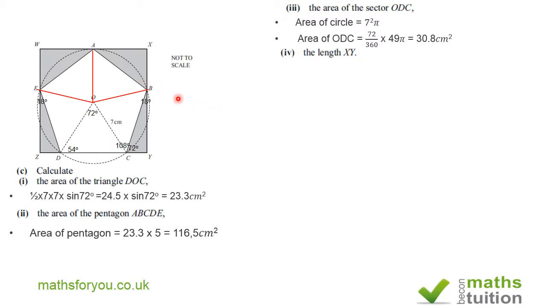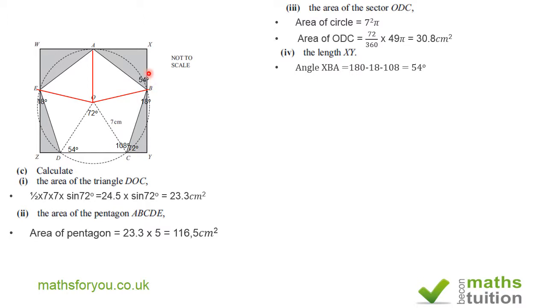To find this angle, we know that this is 108 degrees, and that's 18. So we do 180 minus 108 minus 18, and that will give us a value of 54 degrees. So this angle is 54 degrees.